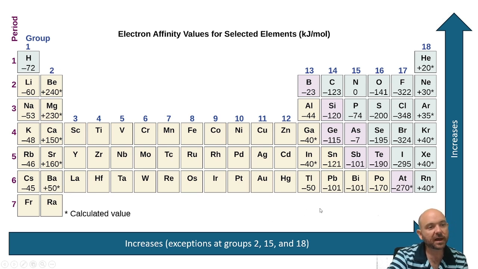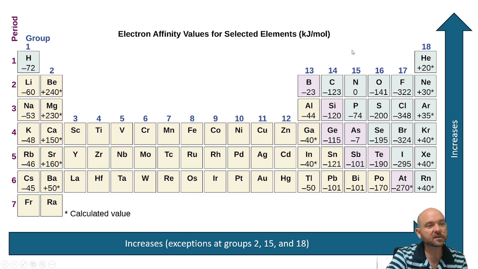Then we can see that it resets, and once we're in the p orbitals, it starts to increase again. We get more negative values going across the rows, which means that we get more energy back from adding an electron to boron. We get more energy from adding an electron to carbon.